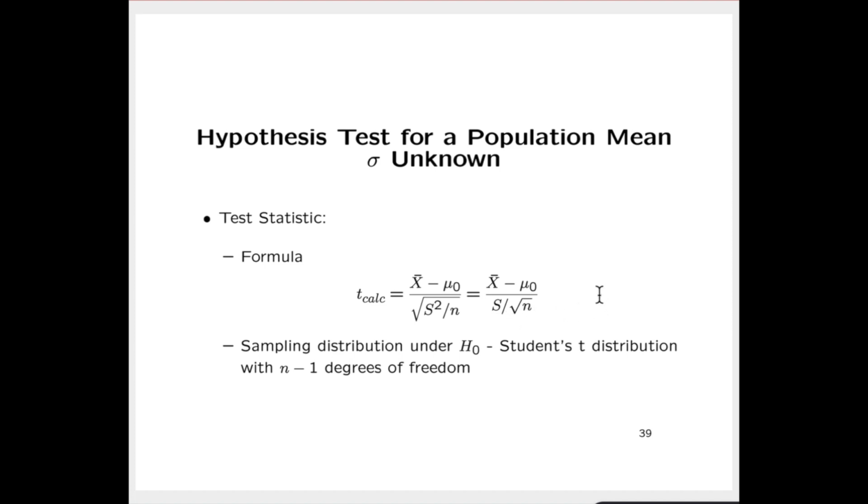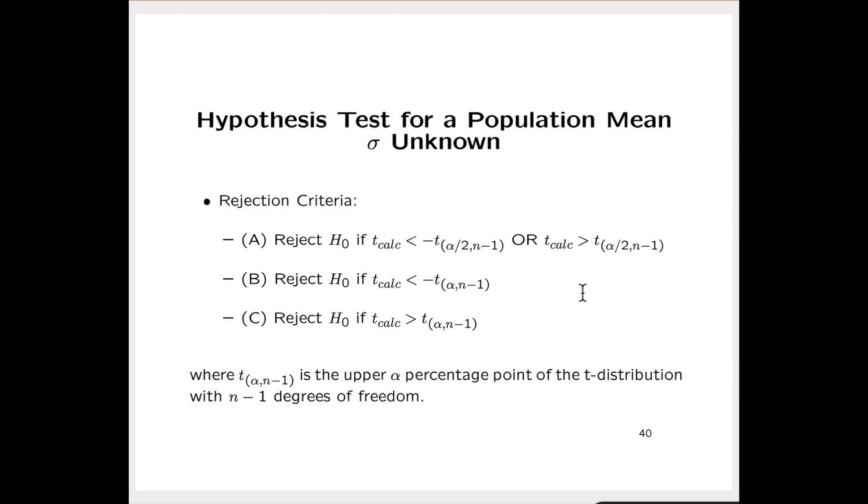And again, if the null hypothesis is true, so that mu is equal to mu naught, then this test statistic, which we're calling t-calc, has Student's t-distribution with n-1 degrees of freedom.